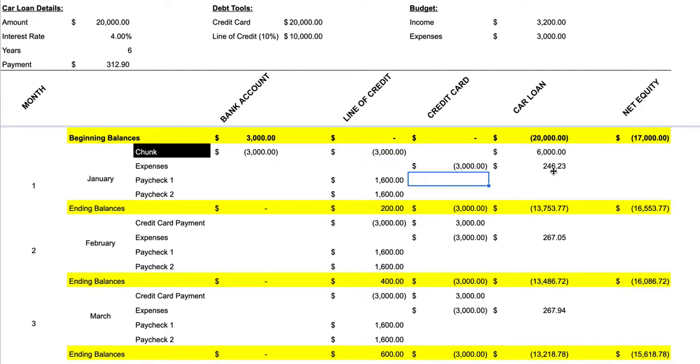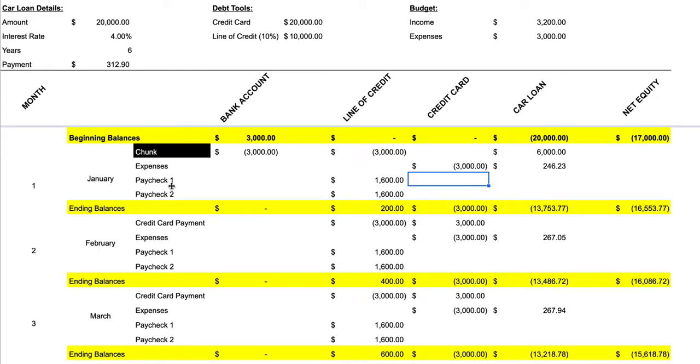That's gonna reduce the amount of principal on the car loan in addition to the chunk right here, which will give you down here the ending balance of $13,753, right? So now let's go down here.